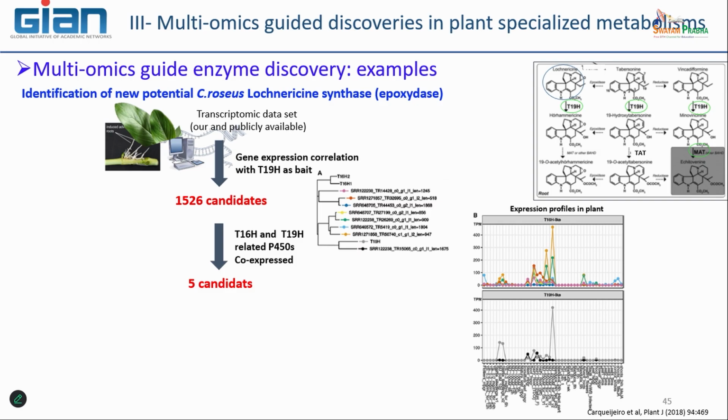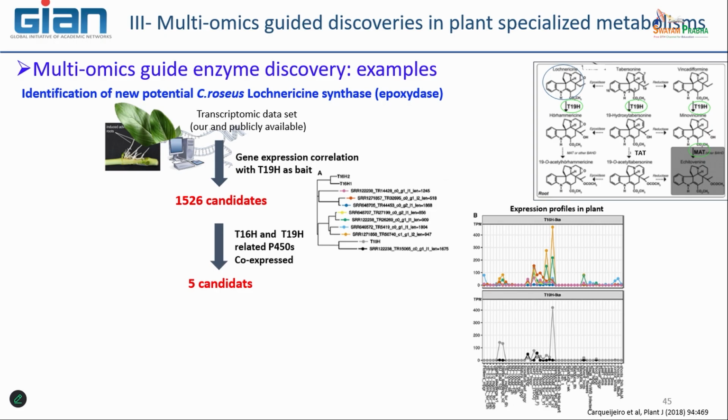We observed that in several other Apocynaceae, this hydroxylase that is not present at this moment in Catharanthus in roots could also be interesting to study as a co-expressed protein. And in this way, we obtain a smaller number of candidates. Among these, only 5 are co-expressed with both of the 2 hydroxylases.